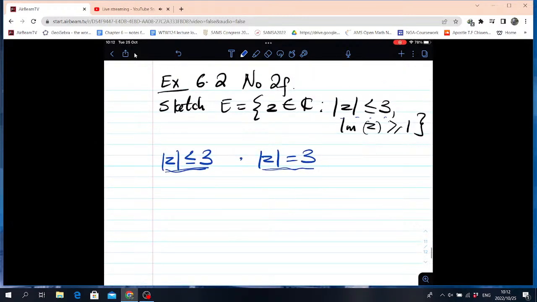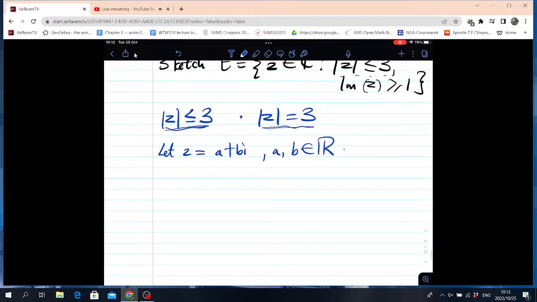But what does that mean? If Z is equal to A plus BI, which is pretty standard, where A, B are real numbers, then what we are saying with this statement is the square root of A squared plus B squared is equal to 3.